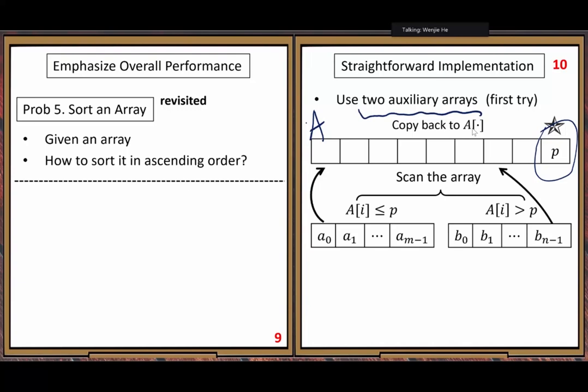We get a partition step without using auxiliary arrays, and then we save a lot of memory resource. So in our second round, we do partitioning directly inside the original array.